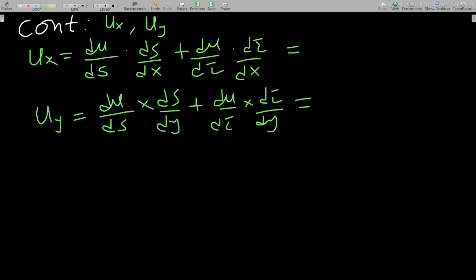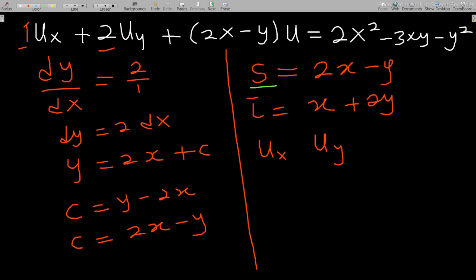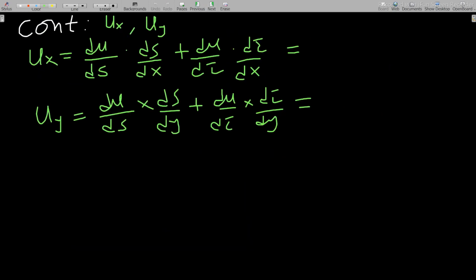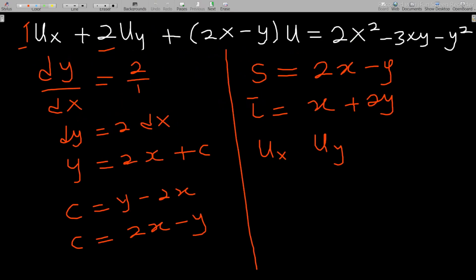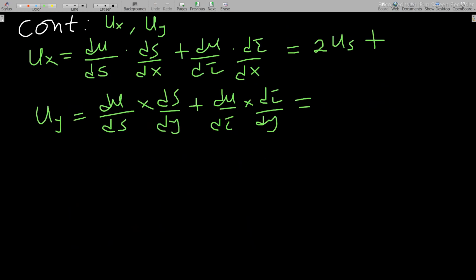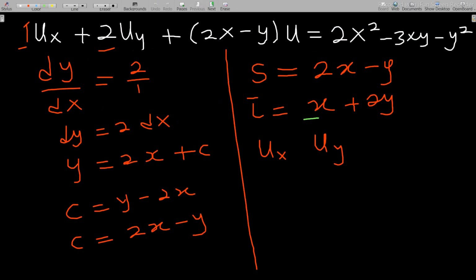Now the ds/dx is what? Let's go and check. The s here, the x will give me 2, so I'm differentiating x with respect to x, and I'll get 2. Okay, I have 2us, then plus the d tau/dx. Now the d tau/dx is what? 1. Okay, I have 1 u tau, so I have like that. Then the du/ds times the ds/dy. The ds/dy is what?